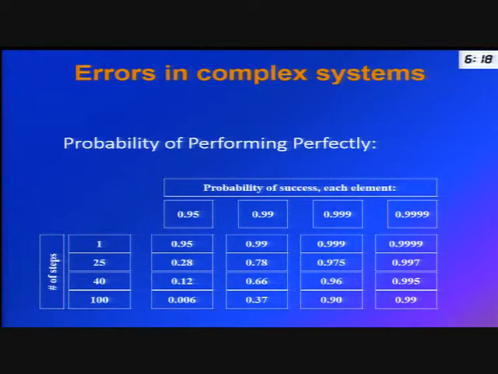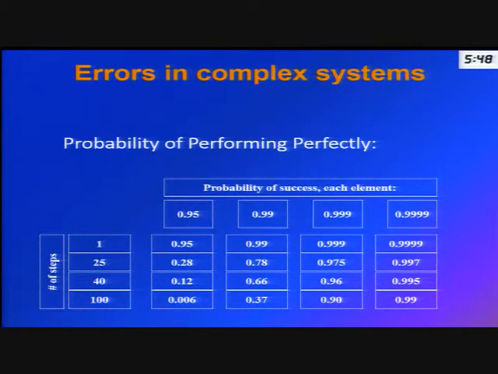And to be more specific about the concept of reliability, here we have a simple table. On the left-hand side, you find the number of steps in a process from 1, or just 1 step, down to 100.